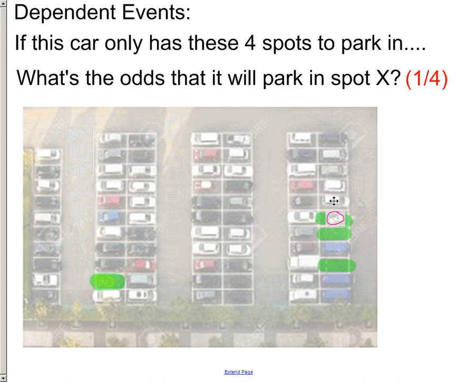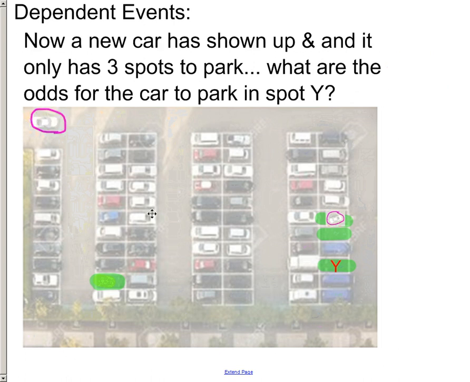So now when the second car comes driving along, there's only 3 parking spots left. So that first car affected the probability of the second car getting a parking spot because now this second car only has a 1 in 3 chance of parking in Y. If this first car never parked in that first spot, the second car would have had a 1 in 4 chance. So that second car has different odds, a different total number. So we would call these events dependent.